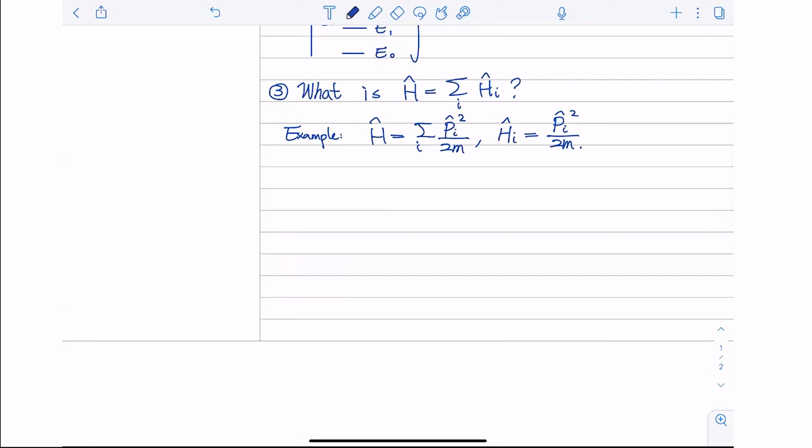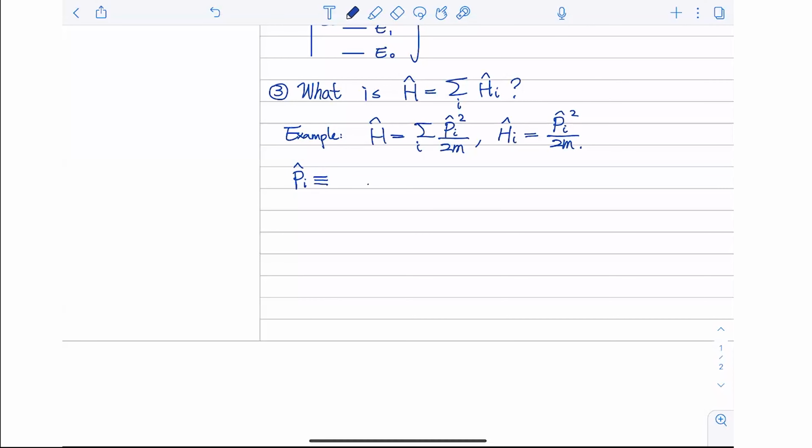So what exactly is p_i? This p_i means that we are measuring the momentum, but we only measure the momentum of the ith particle. We have various different particles in our system.